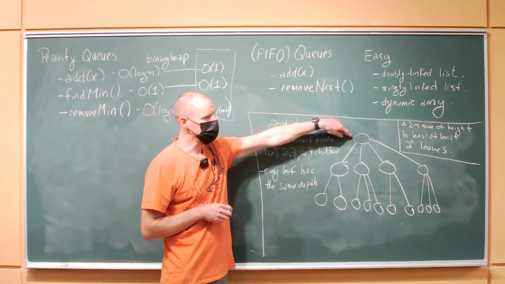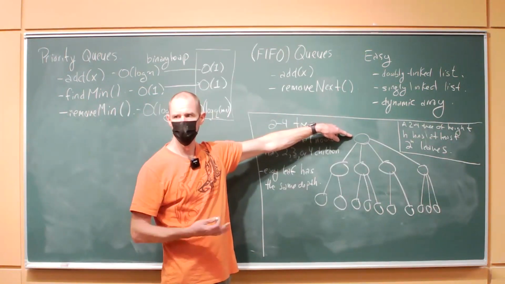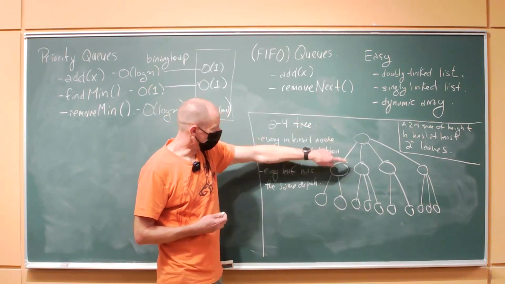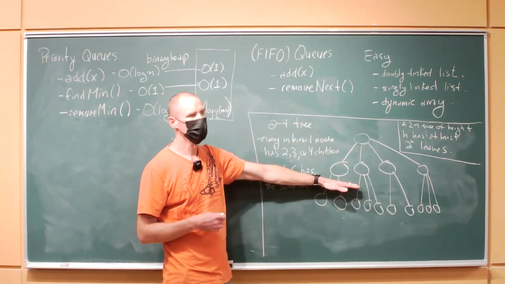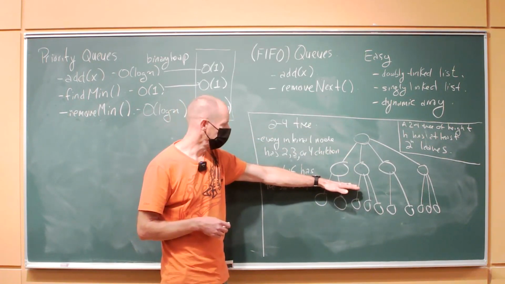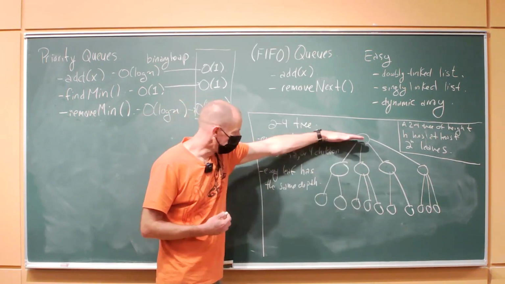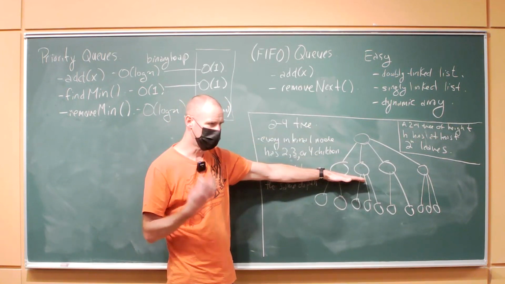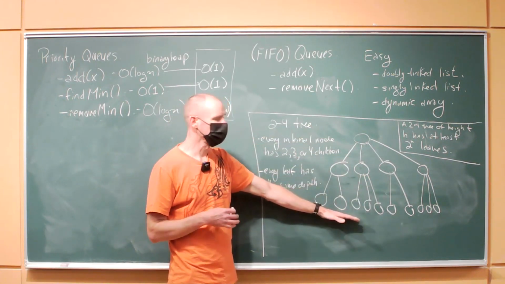Well, a 2-4 tree of height 0 is just a single node. It has 2 to the 0, which is one leaf. It has the root. A 2-4 tree of height 1 is just this root and its children. How many children are there? 2, 3, or 4. So that's always at least 2 to the 1, which is 2. And in general, the number of nodes at depth i is going to be at least 2 to the i, which means the number of nodes at depth h is going to be at least 2 to the h.